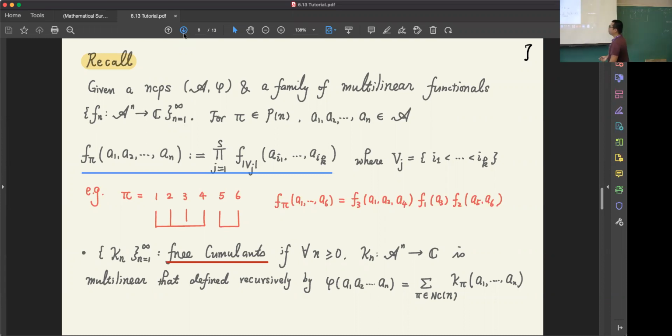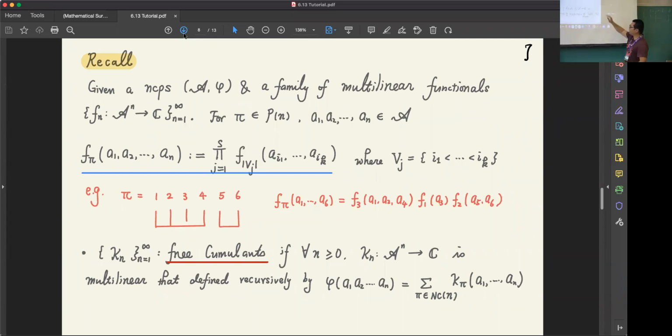The last block is 5, 6, so the size is 2, with corresponding elements A5, A6. Then we just multiply them together, and this we call F_pi. Just a recall from Jamie's notes.